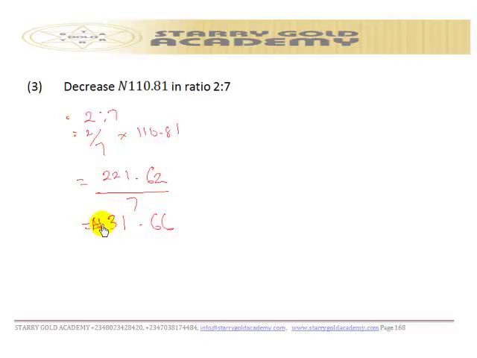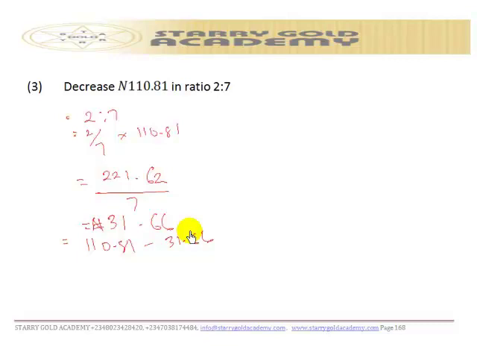If I want to decrease this result by the ratio 2:7, then all I have to do is 110.81 minus 31.66.